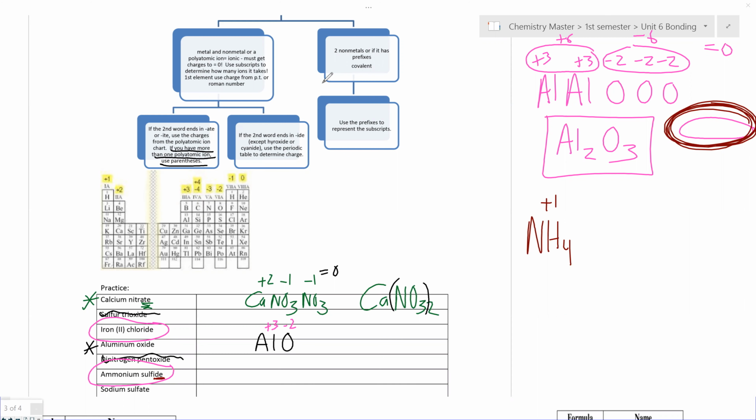Where do you think the sulfide comes from? Is that a polyatomic or off the periodic table? Off the periodic table. Excellent. The polyatomics end with -ate or -ite. So sulfide is just an S. And if I look right here, it looks like its charge is -2. So I'm going to write a -2 right here.